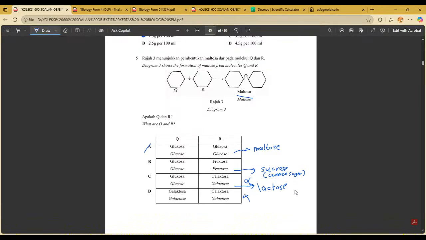I guess I can remember this because common sugar comes from sugar canes. So it's a plant, it has a lot of fructose. So when those two are combined with glucose, it creates sucrose. I guess. I don't know.